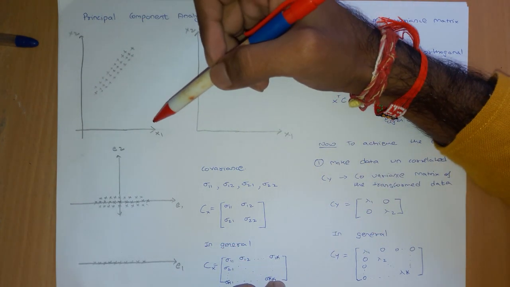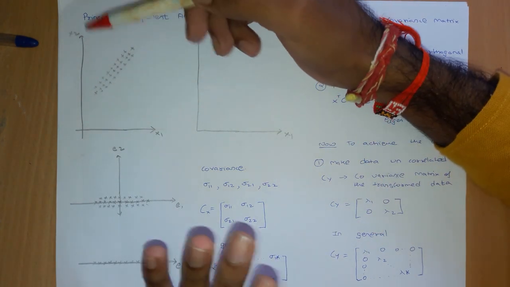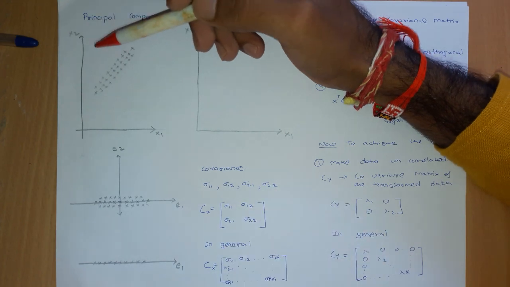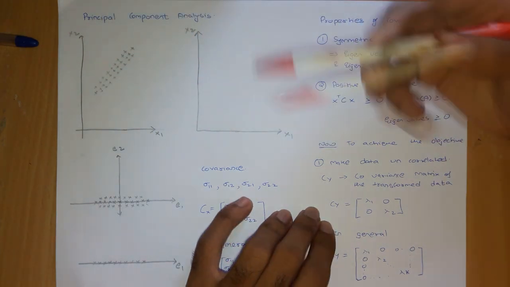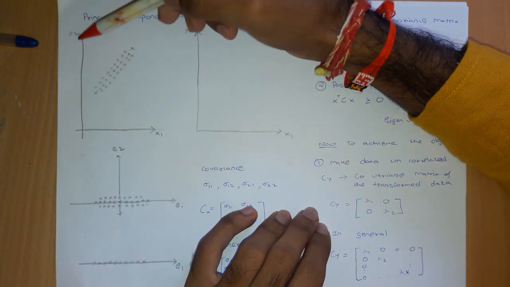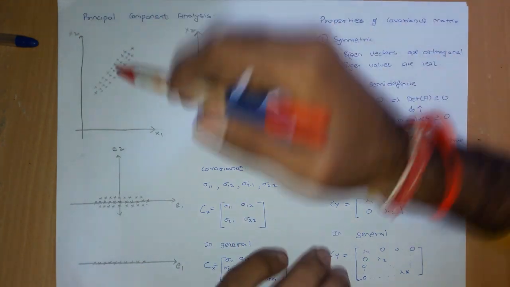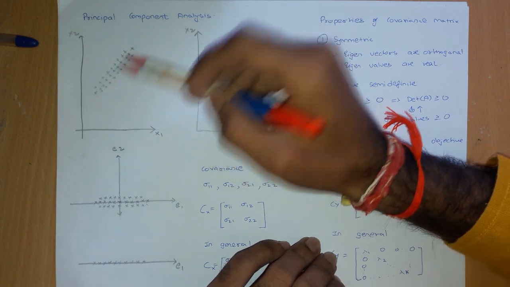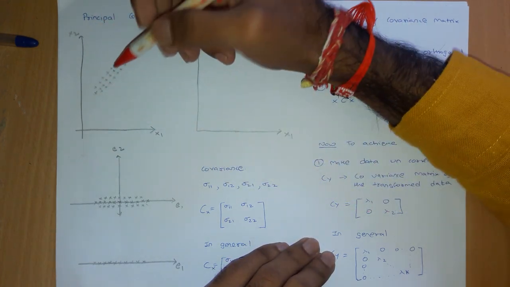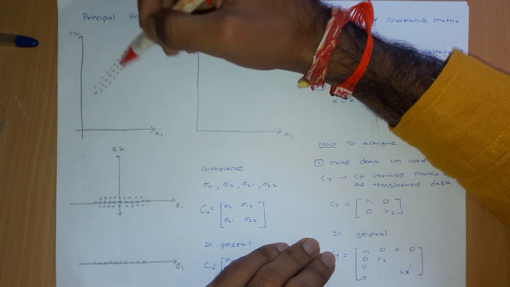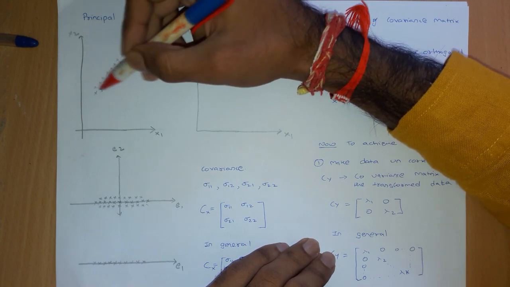Consider that suppose in 2 dimensions, so for representation purpose I'm using 2 dimensions, but this can be extended to 100 dimensions, 200 dimensions, etc. So suppose I have 2 dimension data which is somewhat like this. Here you can see that the variance in this direction is very less.